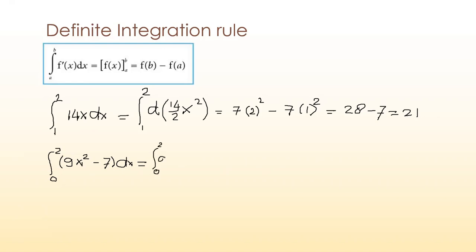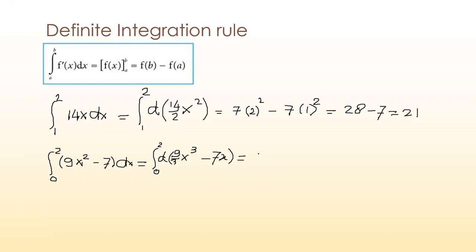You should first find the integration outcome. So 9x squared is supposed to be the derivative of 9 over 3 x cubed, because 2 plus 1 equals 3, and 9 over 3 according to the indefinite integration formula. And next, minus 7x. And afterwards, substitute 2 and 0.